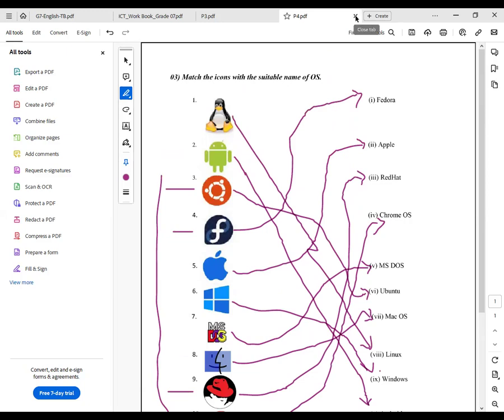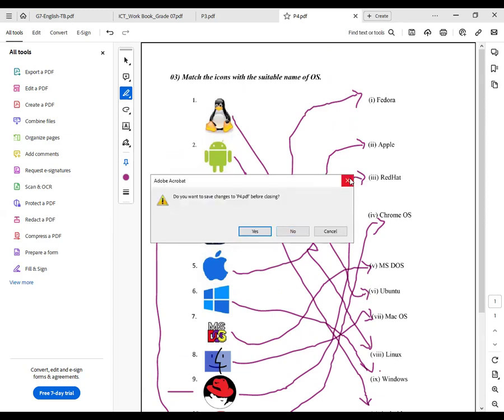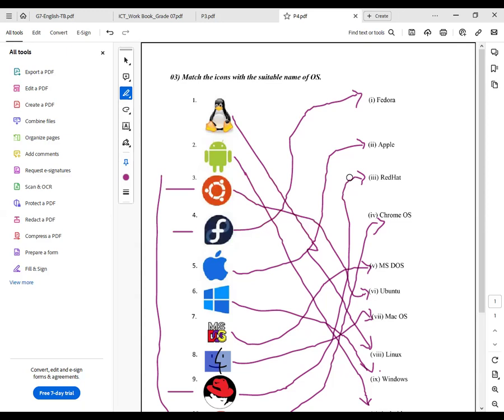That's all about our paper. Then before moving to the next chapter, the next lesson, I am going to do the workbook. Is this okay? Shall I close it?